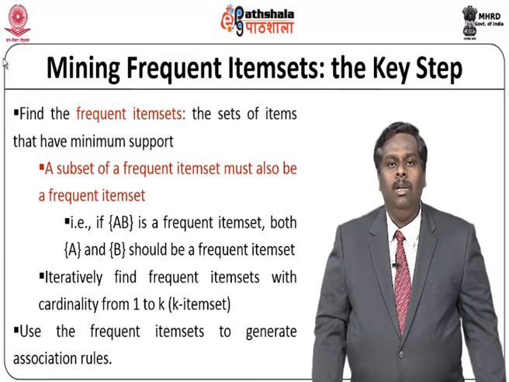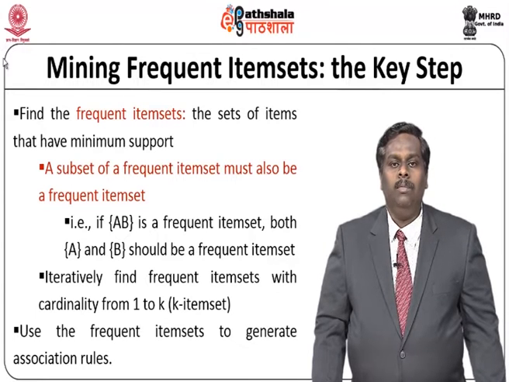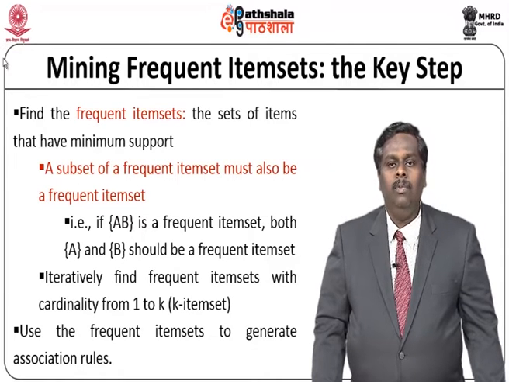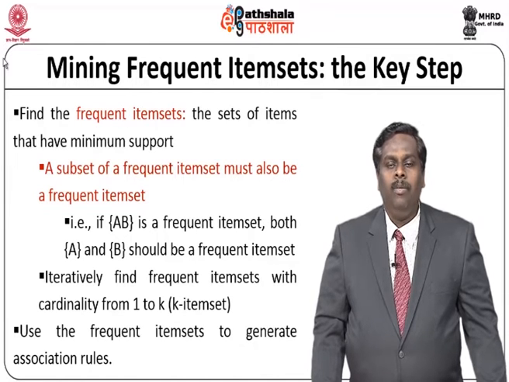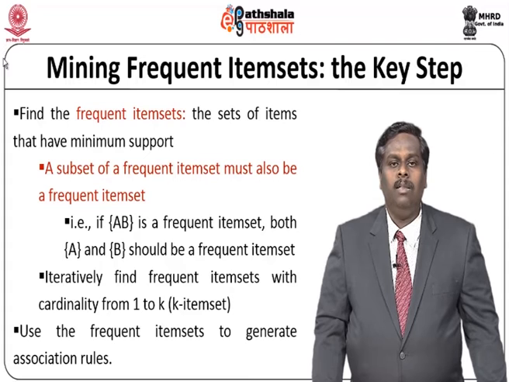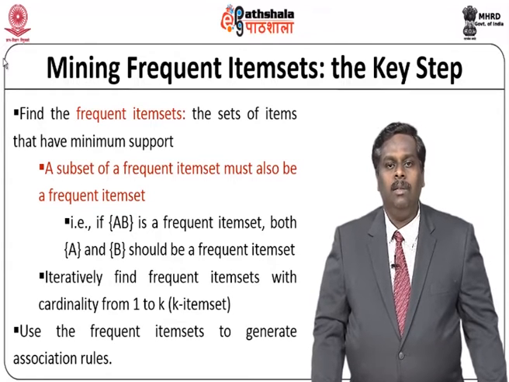For example, if you have a database of 4 transactions and assume an item in the database has occurred twice, the probability of occurrence of that item will be 2 divided by 4, since 2 is the number of events related to occurrence of item A and 4 is the total number of transactions. So, it is 2 by 4, 1 by 2, which is 50%.